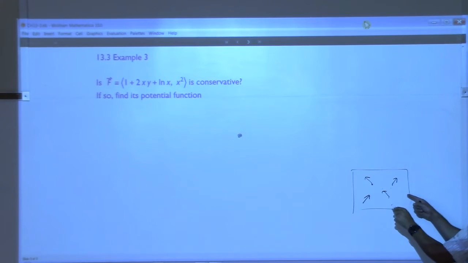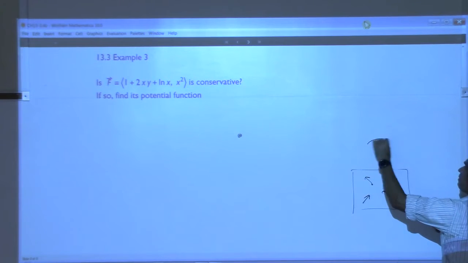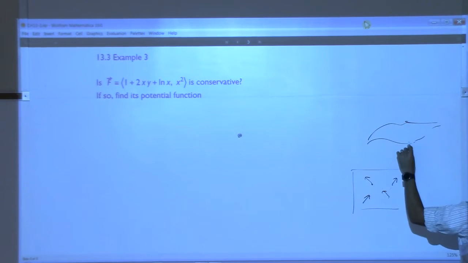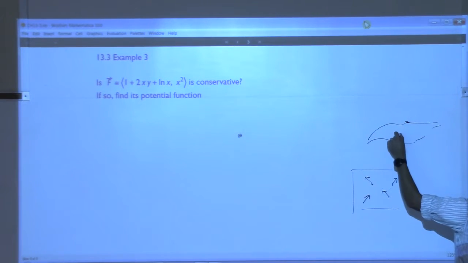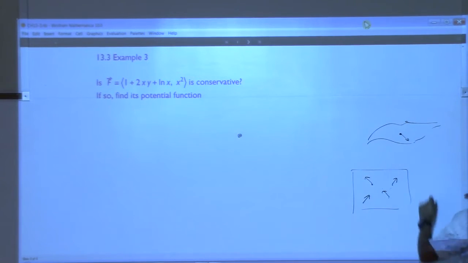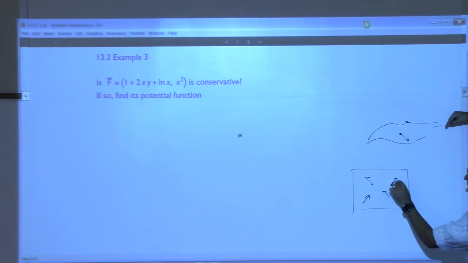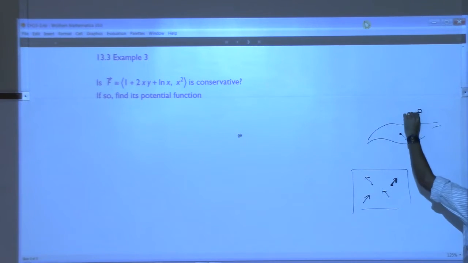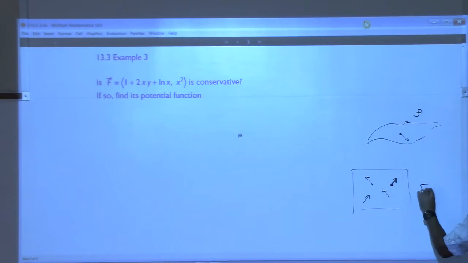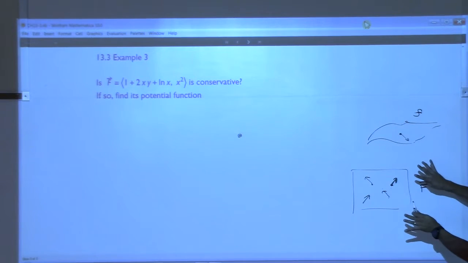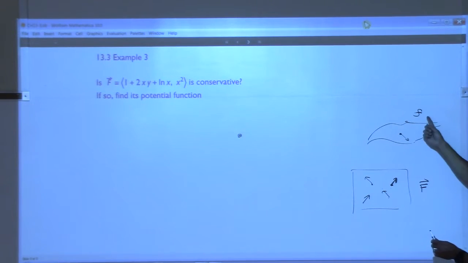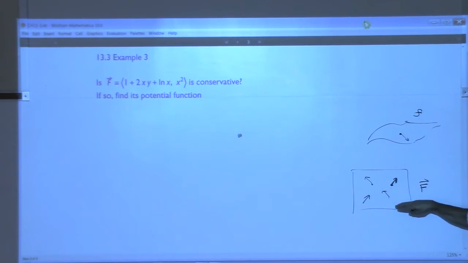If this is conservative, then there's a surface that goes with it, where if I drop a ball right here, it's going to want to go in a certain direction. And if you look at that from the top, that corresponds to one of these vectors. So this is little f, and this is just the field in two-dimensional space. So the potential function is the surface that corresponds to that vector field.